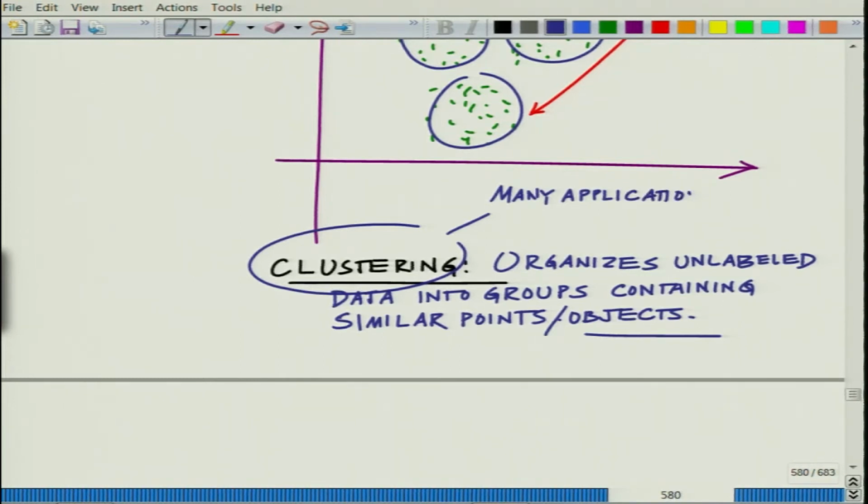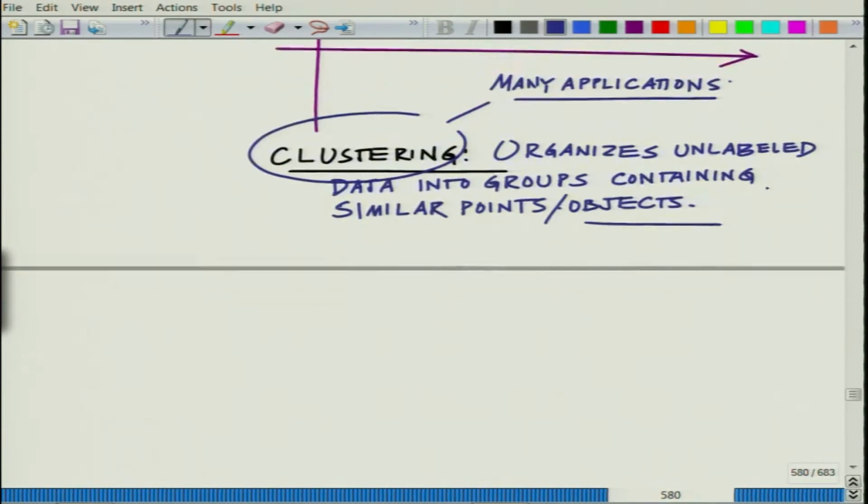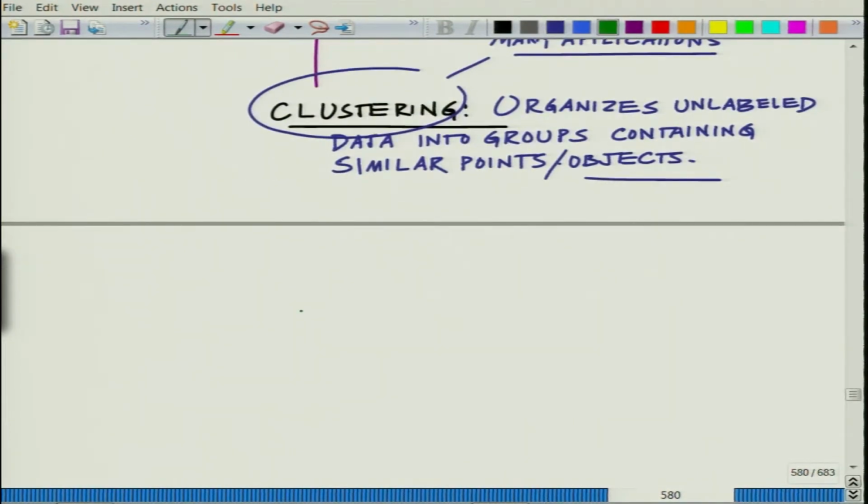It has many applications, such as, what are the applications of clustering? Let us look at some.